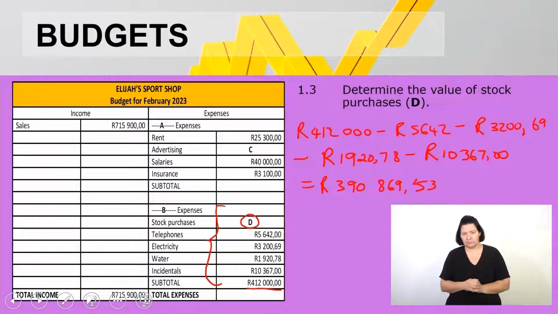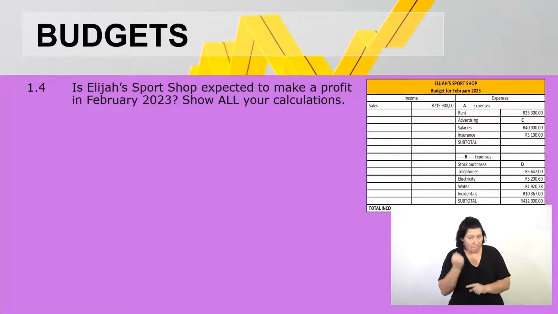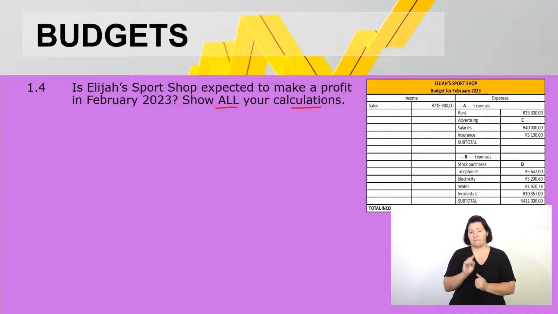All right, so let's quickly move on to the next question. Here we are saying, is Elijah's sports shop expected to make a profit in February 2023? Show all your calculations. So first of all, how do we calculate profit or loss?